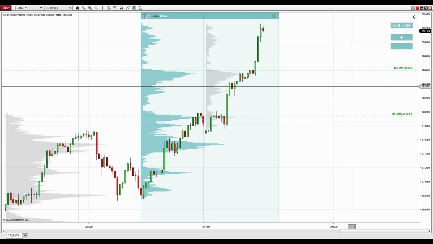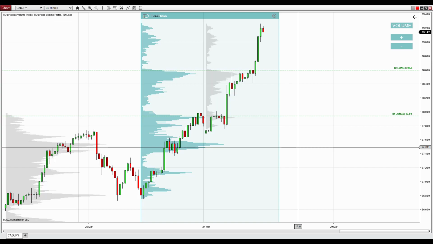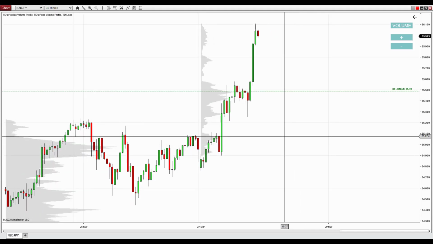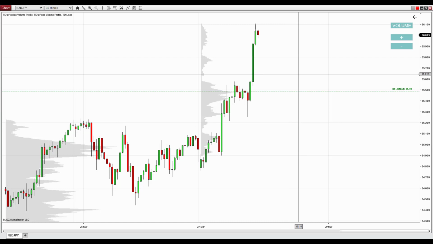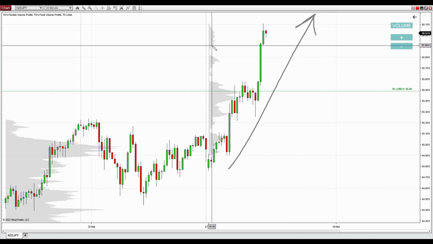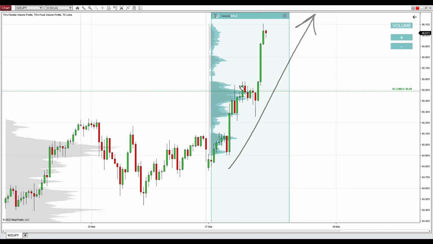Let me now switch to the last chart, which will be the New Zealand dollar Japanese yen. What I have in here is also a very similar scenario. Again, strong trend activity driven by the Japanese yen. In here, there is the most significant volume cluster right before the start of this really aggressive buying activity, which started just recently.